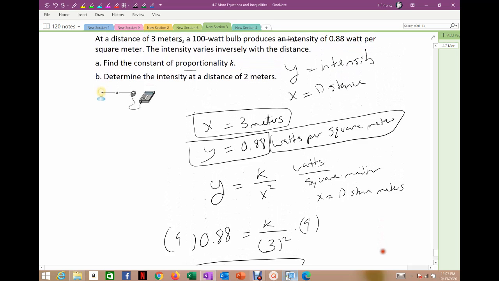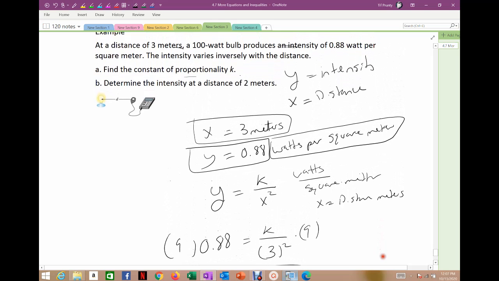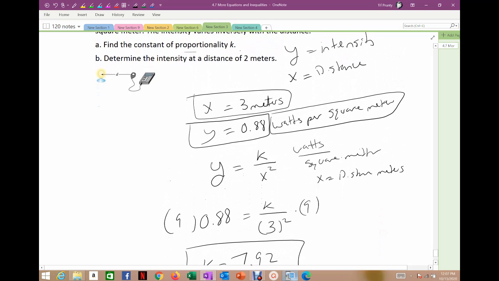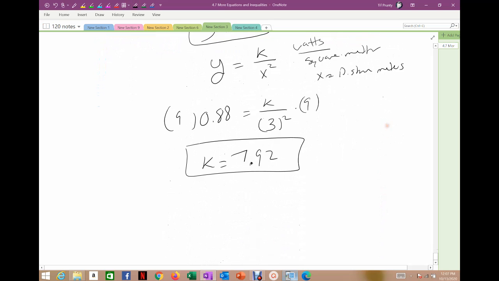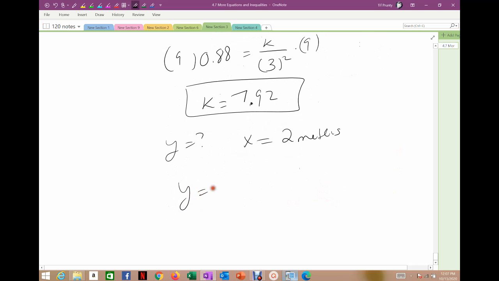I may redo the video, we'll see. The last thing, so once I've found k, then we ask you to use it. Determine the intensity when the distance is 2 meters. So we want to find y, the intensity, when my distance is 2 meters. My equation is y equals k over x squared.